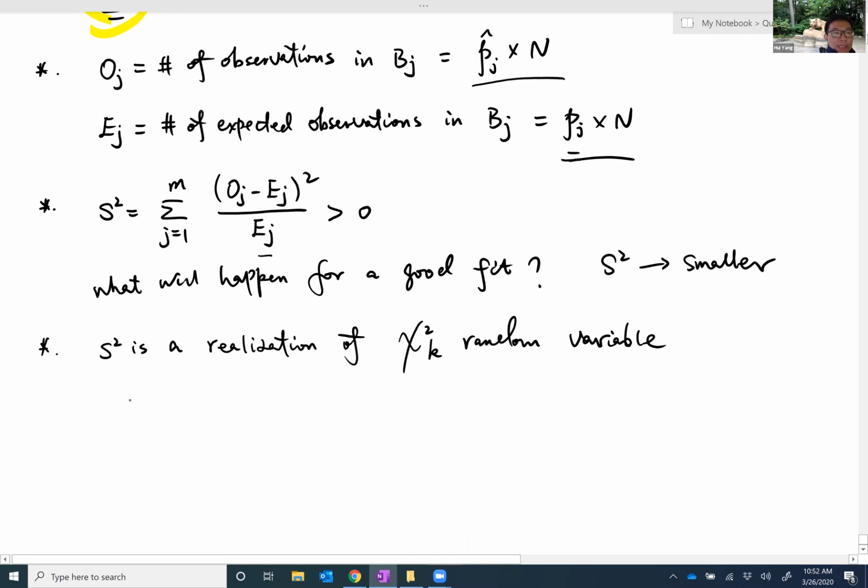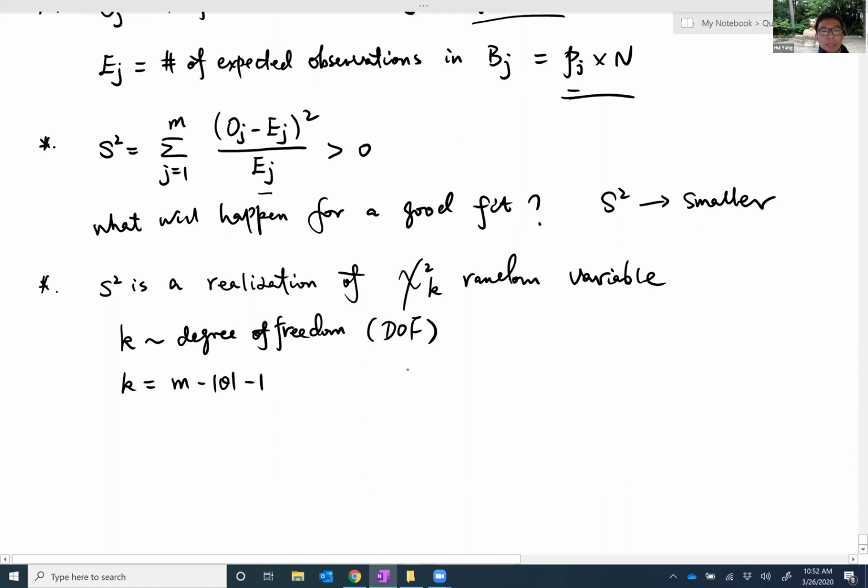Now, what is K? K is the degree of freedom, that is DOF. And K equals M minus theta minus 1. So what is M? M is the number of bins. What is theta? Theta is the number of parameters in the preconceived model.